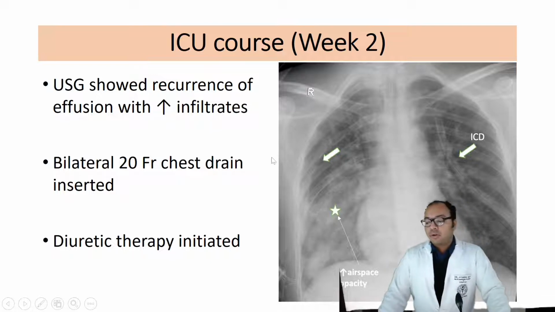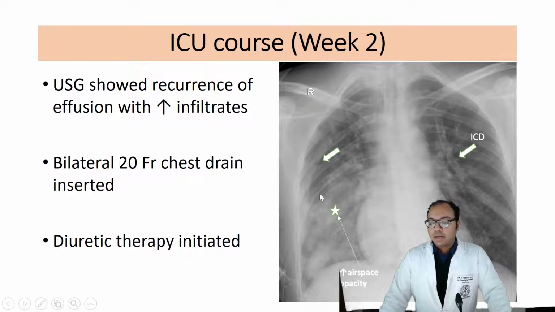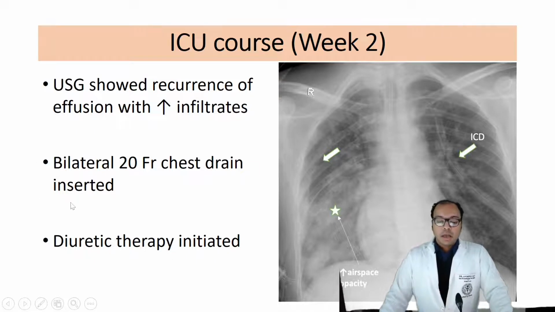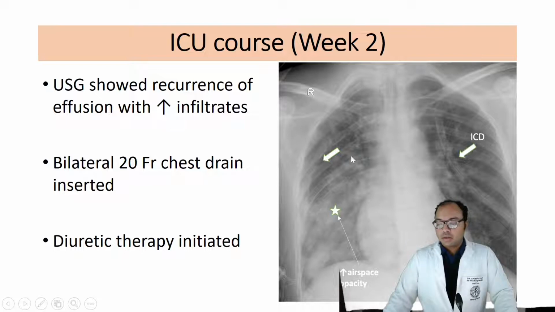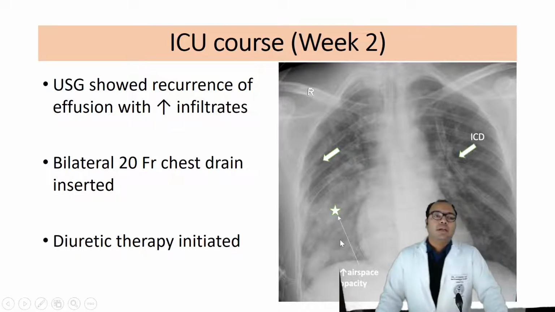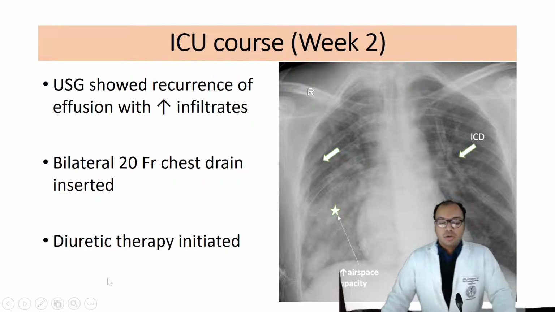This is the follow-up X-ray, which showed increased right-sided lower zone opacification, suggestive of new onset airspace opacification and infiltrates. So we put in bilateral 20 French chest drains, which can be seen in the X-ray, and in order to remove the extravascular lung water, we instituted diuretic therapy.